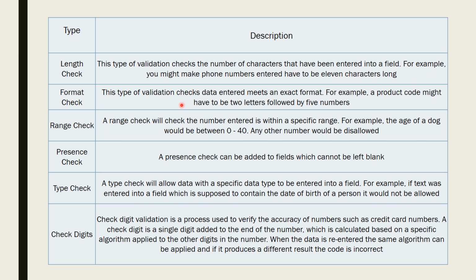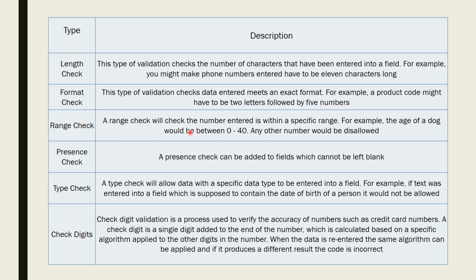For example, you might want a phone number entered to be 11 characters long. So you can apply the length check when you are creating a database and setting the rules. Format check: this type of validation checks that data entered meets an exact format. For example, a product code might have to be 2 letters followed by 5 numbers.